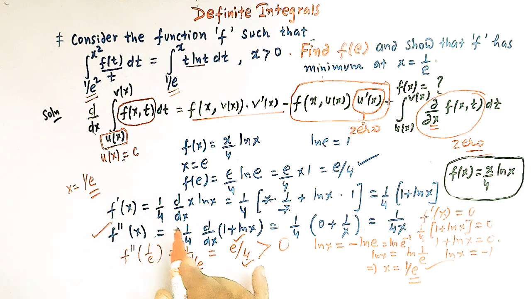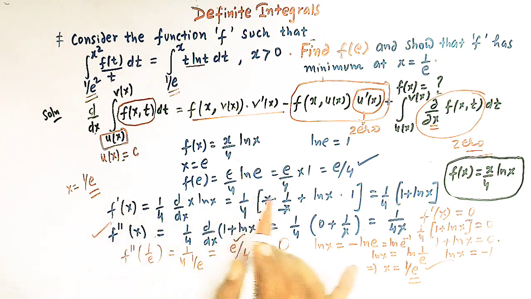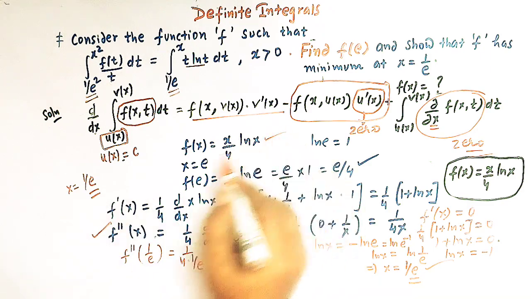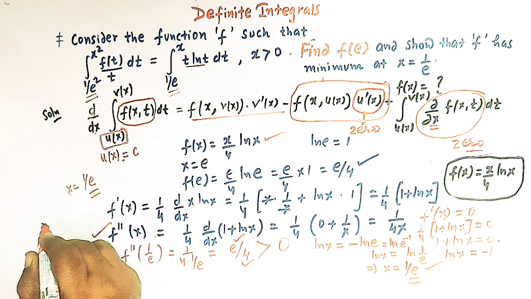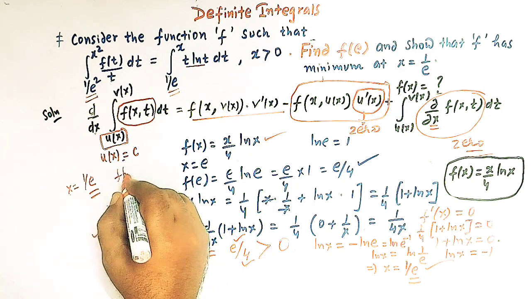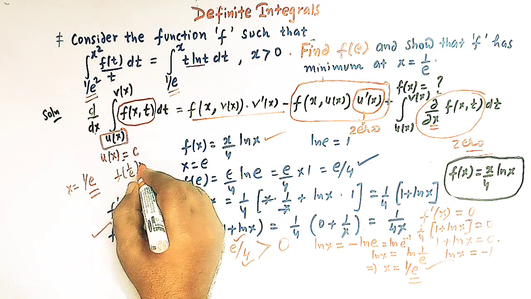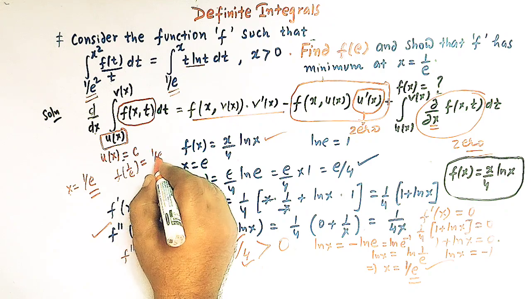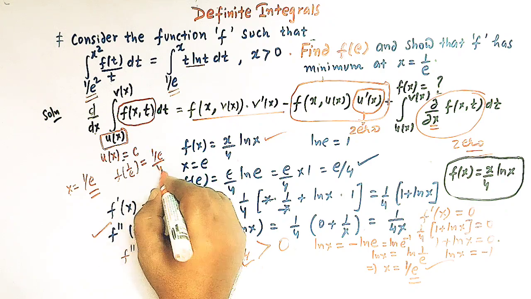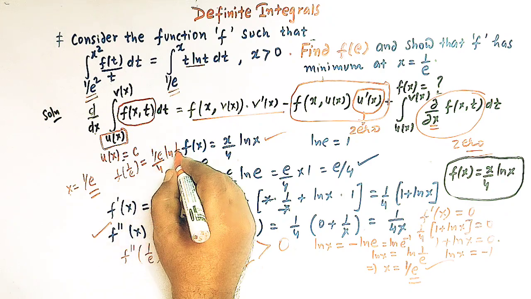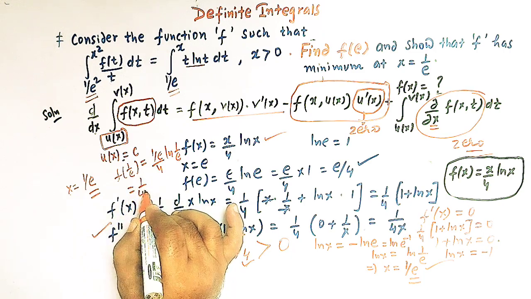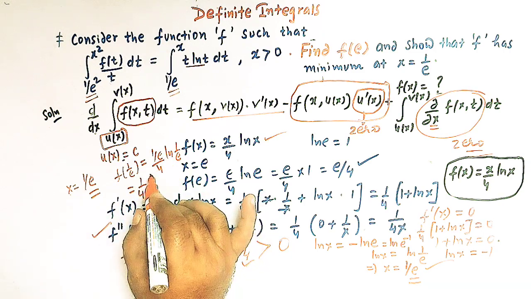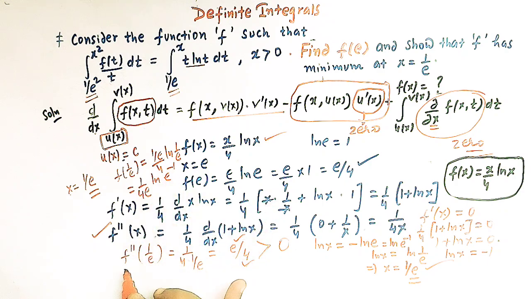And the minimum value of f of x can be obtained by taking x is equal to 1 over e in this relation. So we have f of 1 over e is equal to 1 over e divided by 4, and this is natural log of 1 over e, right? So this is 1 over 4 times e, and this is natural log of e raised to minus 1.